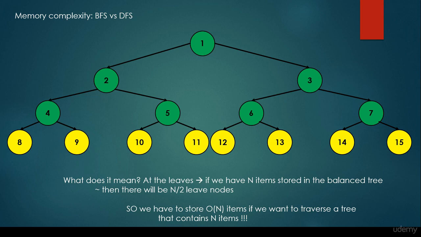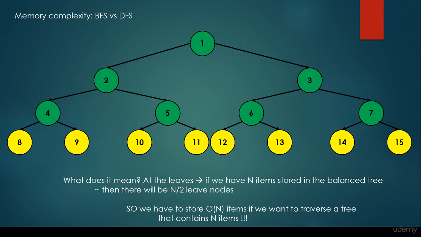Basically this O(n) is the upper bound, and basically the leaf nodes are the bottleneck. So when we are dealing with the leaf nodes, this is the situation when we have to store the most items in the queue abstract data type. And that's why the memory complexity for using queue is O(n).